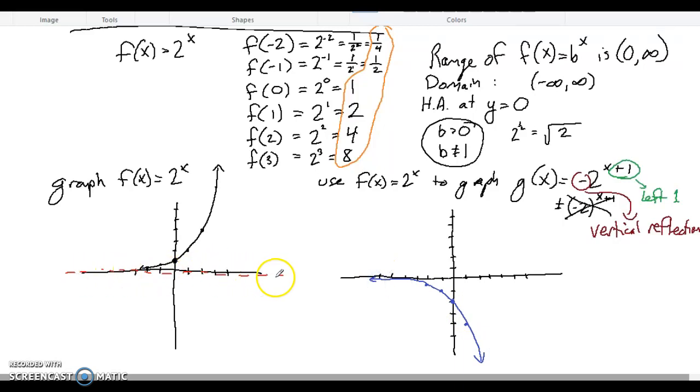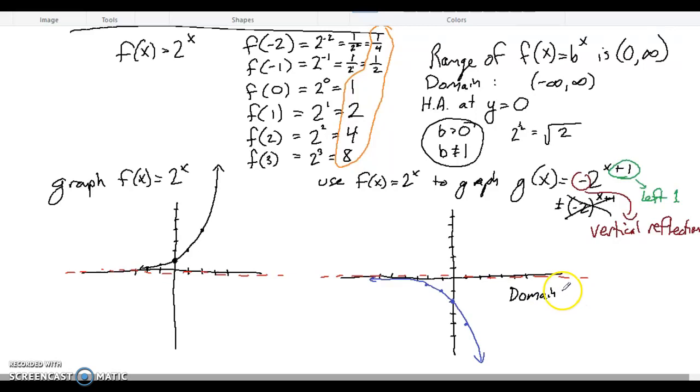Oh, we've got a horizontal asymptote. We should also transform that. But it's along the x-axis, so a vertical reflection leaves it right where it is. Left 1, well, yes, we do move it left 1, but it's a line that's infinitely long, going left to right. So you move it left 1, you're not going to notice. And the asymptote is still where it is. So this graph now has a domain.